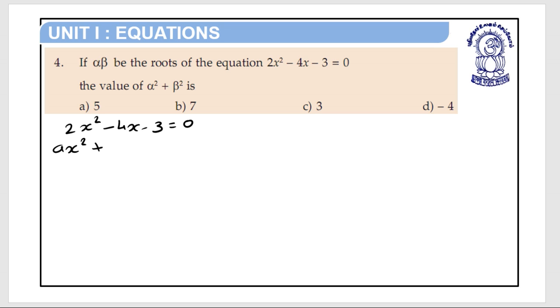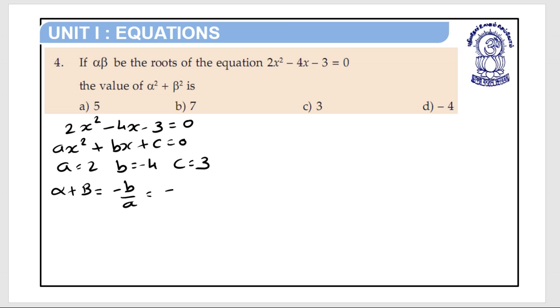Compared with ax square plus bx plus c is equal to 0, a is equal to 2, b is equal to minus 4 and c is equal to minus 3. Here alpha plus beta is equal to minus b upon a, so minus of minus 4 upon 2, which is 2. Alpha into beta is c upon a, c is minus 3, a is 2, so minus 3 by 2.